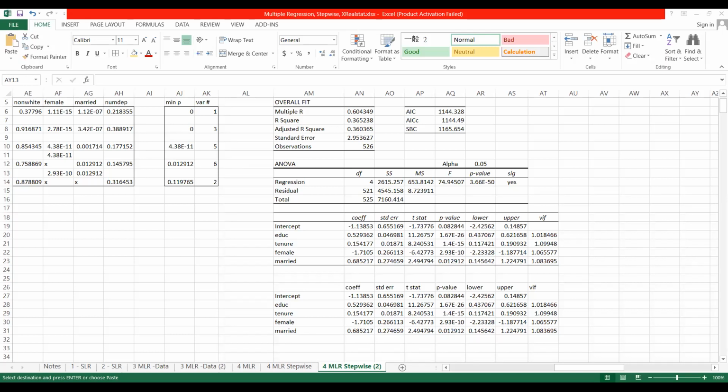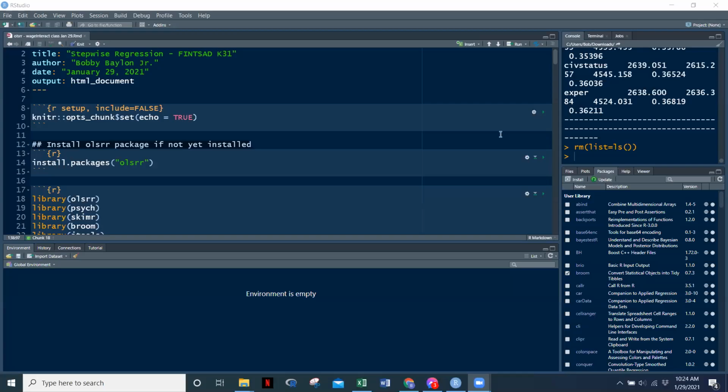Pa-feedback please kung ito yung tab na nakikita nyo sa R markdown. Okay. Yan. Kita nyo na?